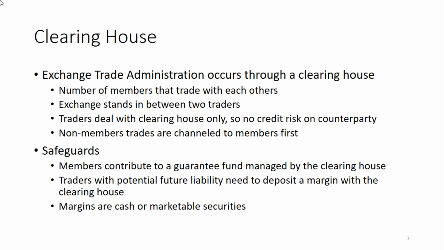So margin accounts are frequently part of the deal when one party acts on behalf of another party to enter into a financial instrument. And we will see examples a little bit later on how this actually works.